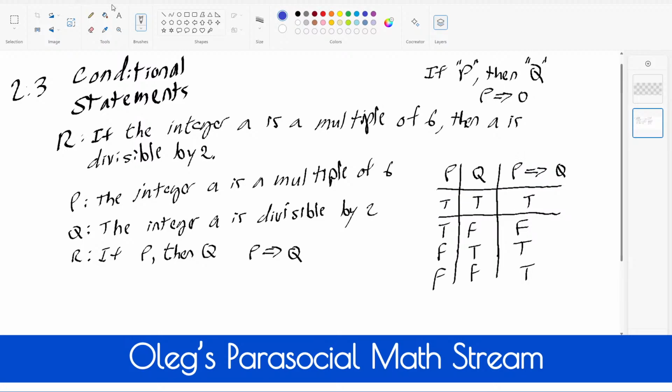Now, next part. So in order for P to be true, it is necessary that Q is true. We have to establish P implies Q again.